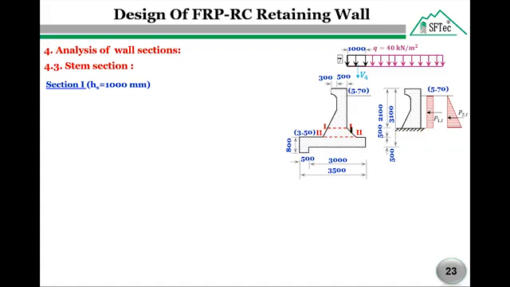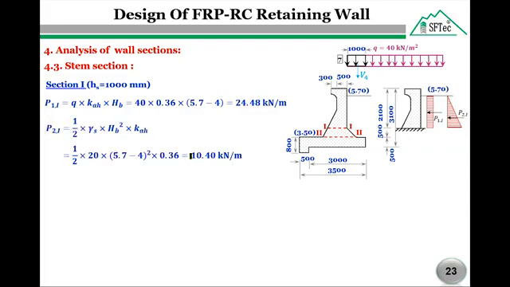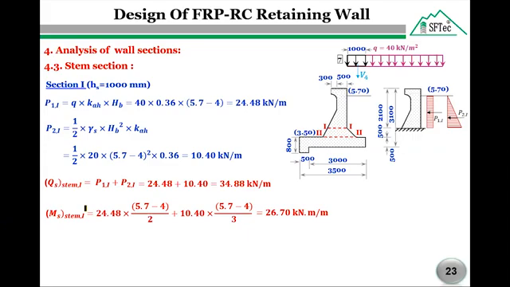So we will stop here at section 1-1 and calculate P active 1 and P active 2. So P active 1 equals 24.48 and P active 2 equals 10.4. The maximum shear force at the base of section 1-1 equals the summation of P1 and P2. And the maximum moment at the face of the stem of section 1-1 equals 26.70 kilonewton meter.